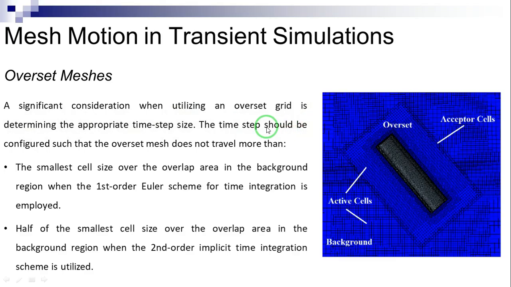The time step should be configured such that the overset mesh does not travel more than the smallest cell size over the overlap area in the background region when the first order Euler scheme for time integration is employed. Half of the smallest cell size over the overlap area in the background region when the second order implicit time integration scheme is utilized. Another example is shown here in this figure.